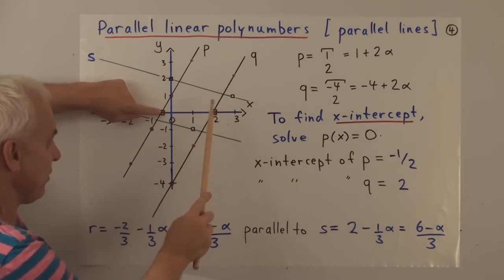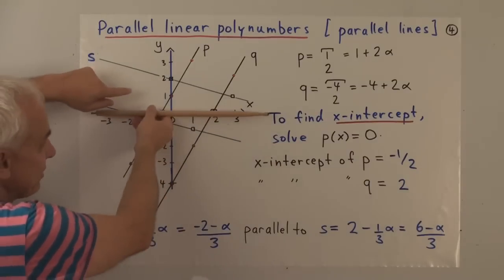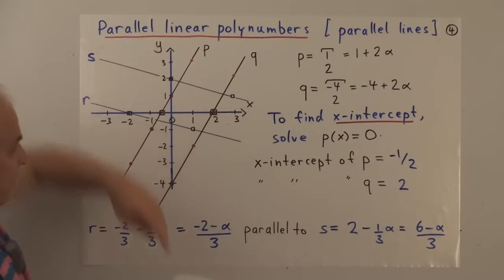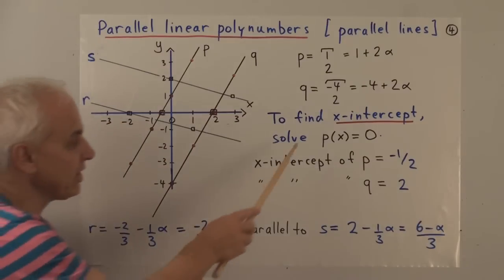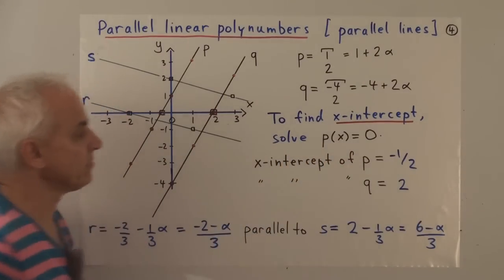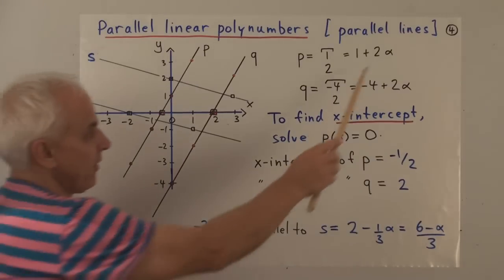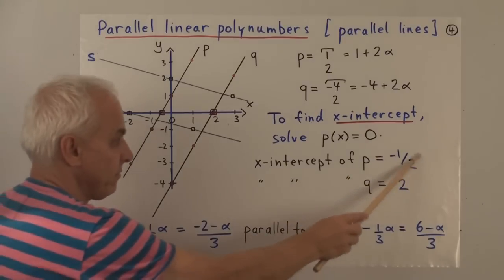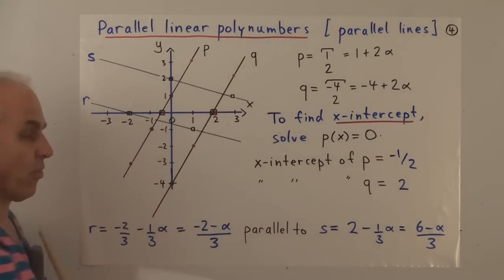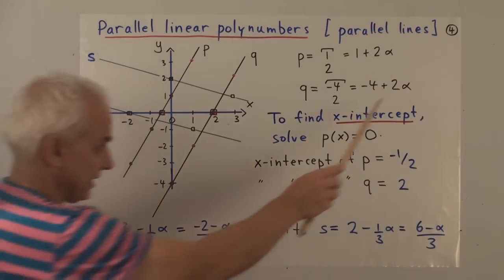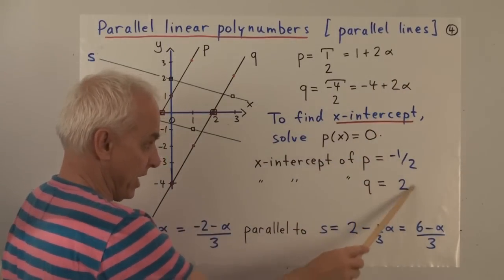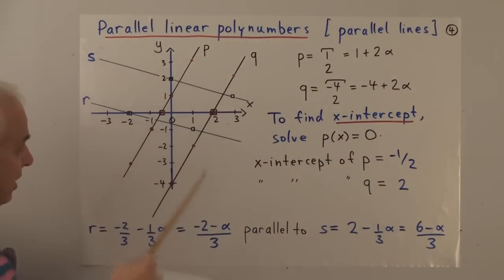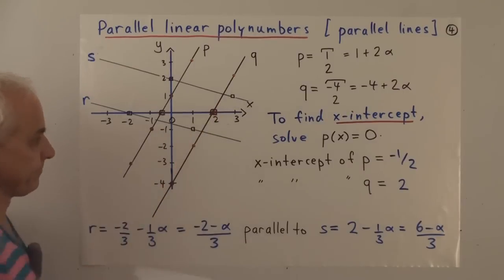That'll guarantee that the point that we plot actually is on the x-axis, has a y-coordinate 0. So we're really solving p(x) equals 0. Here, if we set this equal to 0 and solve for alpha, we would get minus a half, which is the coordinate there. And if we set this one equal to 0 and solve for alpha, we would get 2, which is this coordinate here.